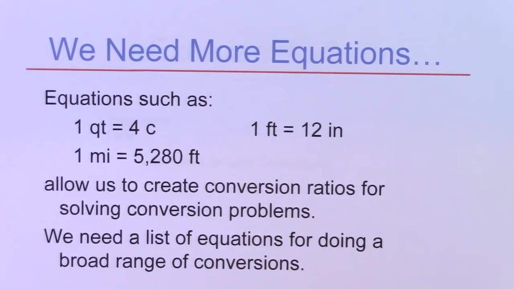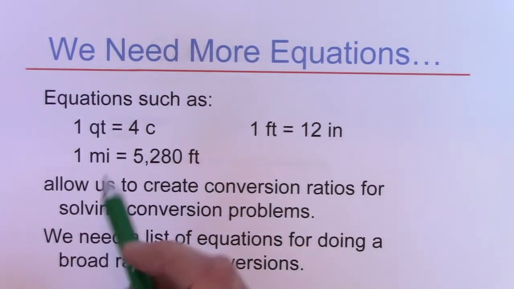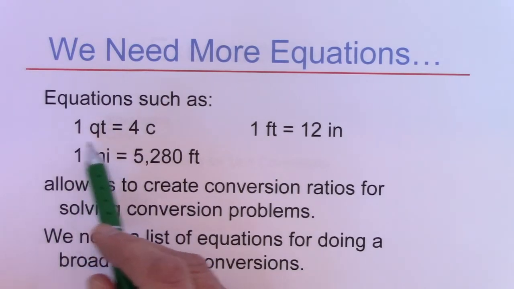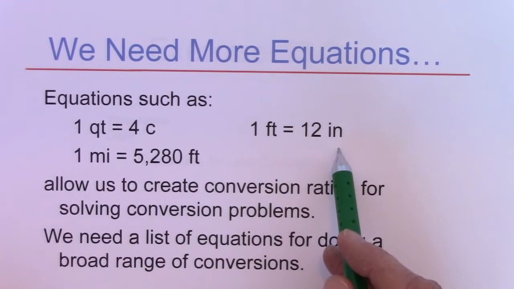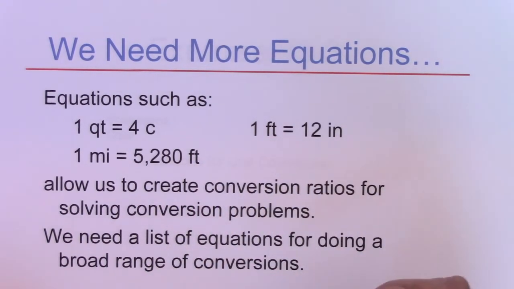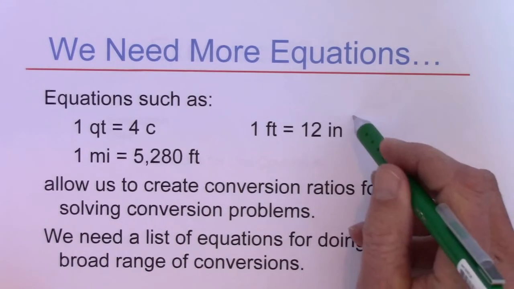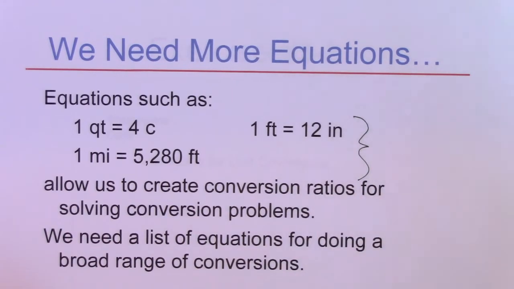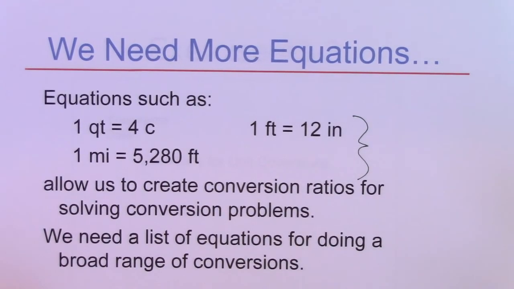Okay, so we need some more conversions, or we need some more equations. We use equations like 1 quart equals 4 cups, 1 foot equals 12 inches, 1 mile equals 5,280 feet in order to create those conversion ratios. The more equations we have like this, the more conversion ratios we can create.